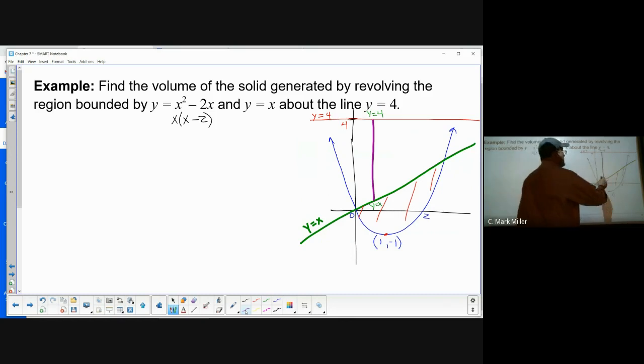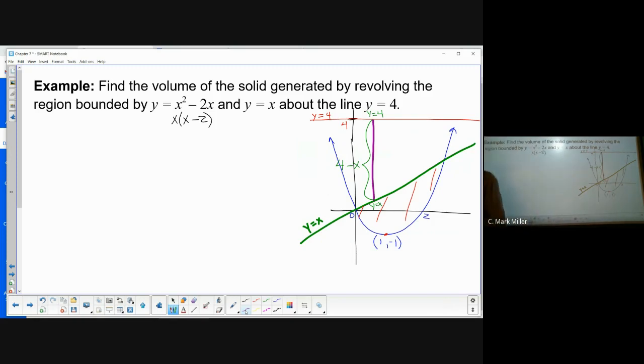So that makes this thing in the middle 4 minus x. 4 minus x. That's little r. That's a key. Cassidy, you okay on that? See that? All right. What's the big R?